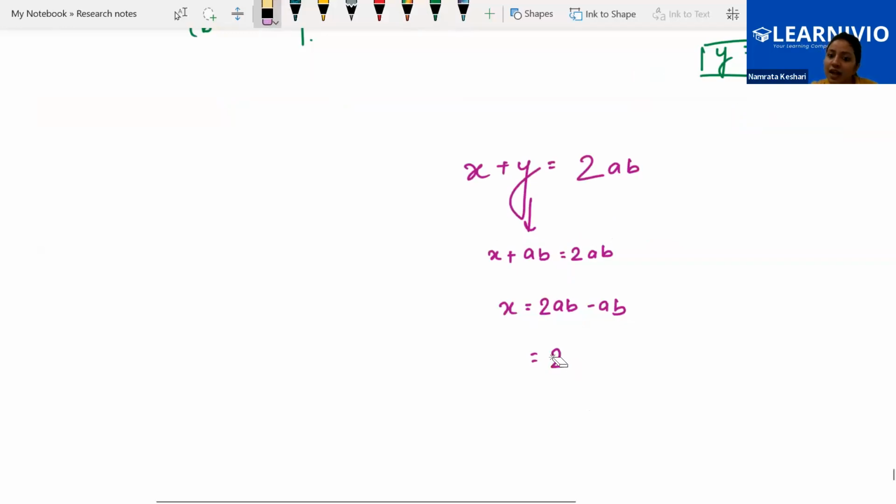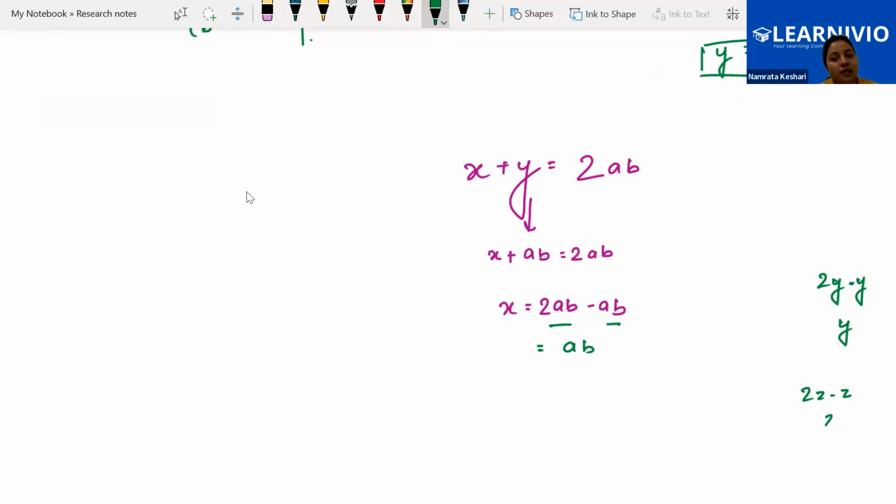That's why I was wondering why you were saying it will be 2. It will be AB. 2y minus y is only y. 2z minus z is only z. Similarly, 2AB minus AB is just AB.